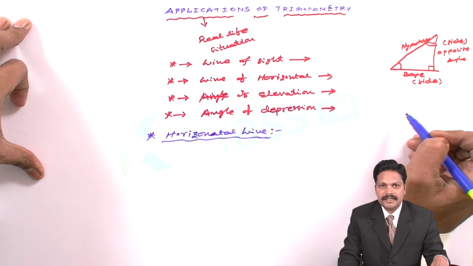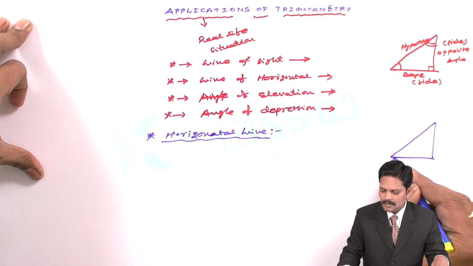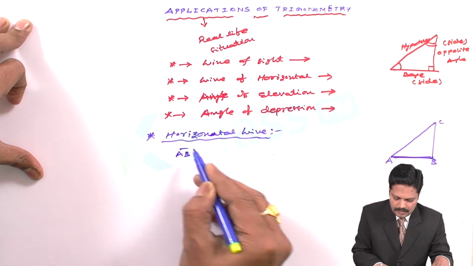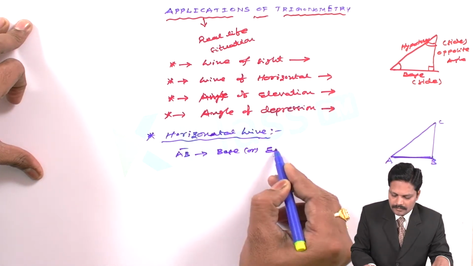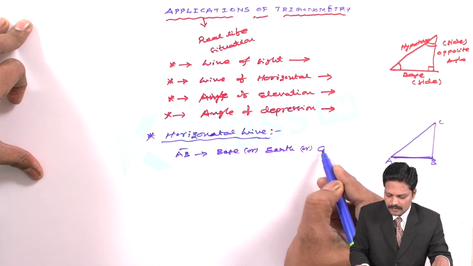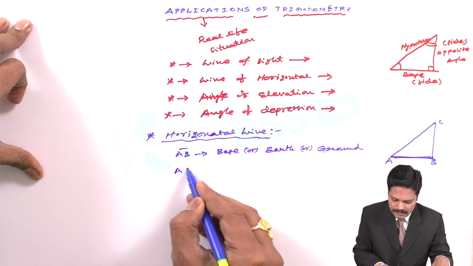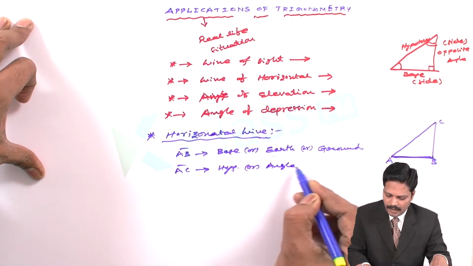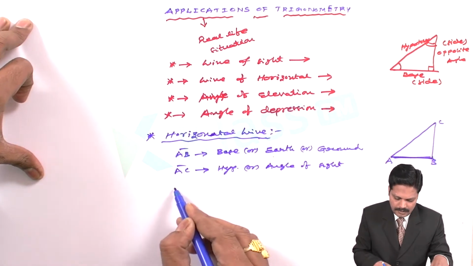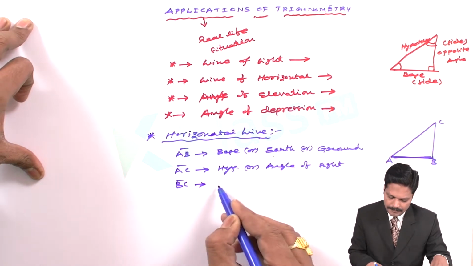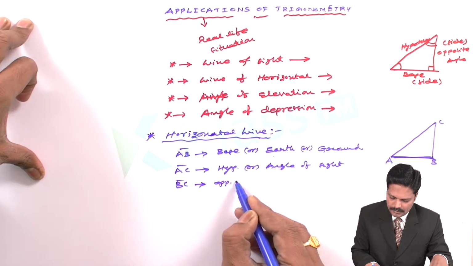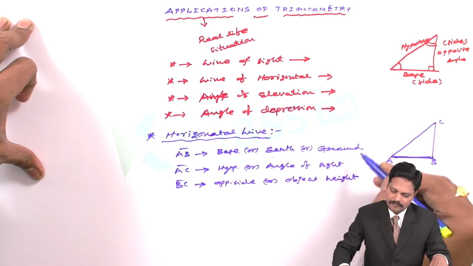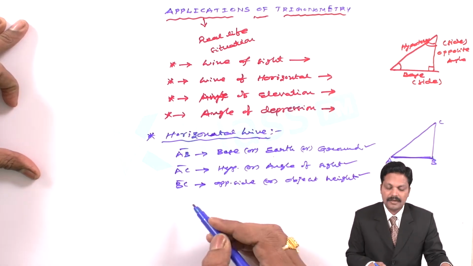In the right angle triangle ABC, AB is the base or earth or ground level, AC is the hypotenuse, which is the line of sight, and BC is the opposite side, or we can say the object height.